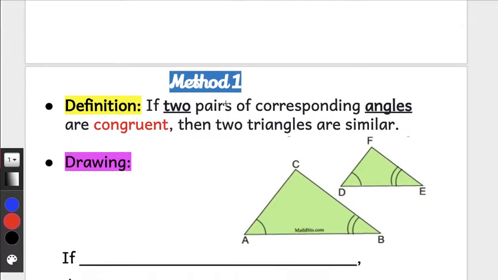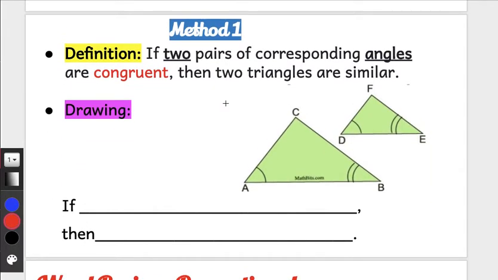So the very first one, the definition is, if 2 pairs of corresponding angles are congruent, then 2 triangles are similar. Very simple, straightforward. If we need to prove the 2 triangles similar, we just need 2 pairs of corresponding angles congruent.